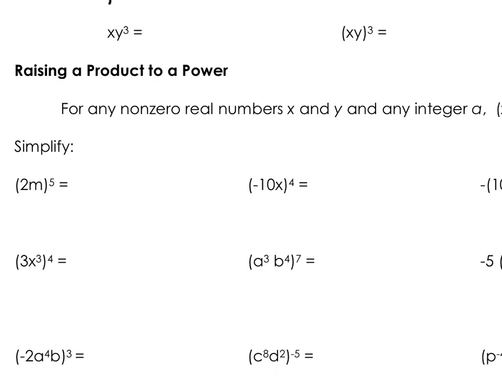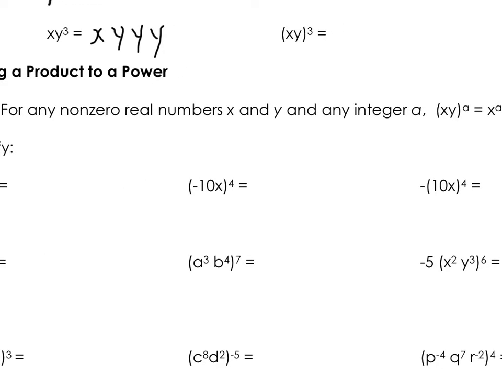What's the difference here? We have xy to the third power, and we have xy quantity to the third power. Here, what we really have is x times y times y times y. Only the y is being raised to the third power.